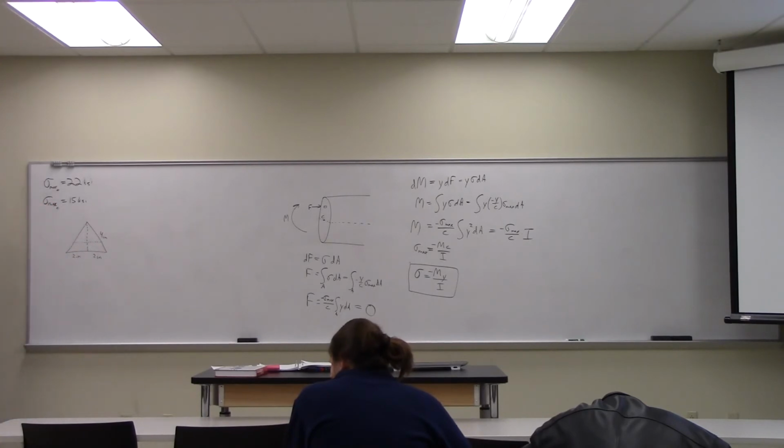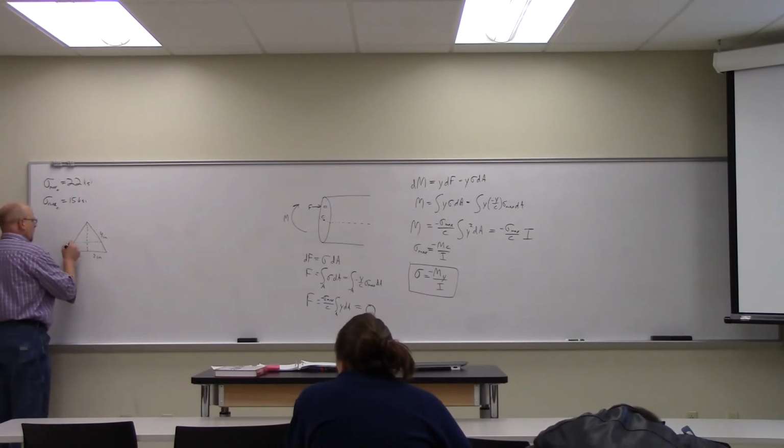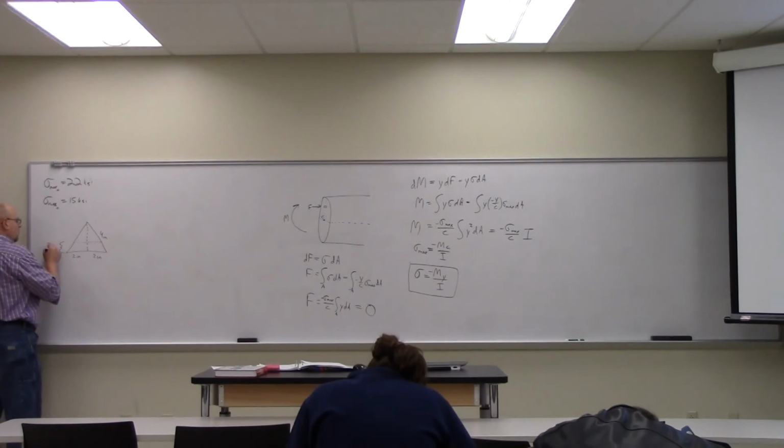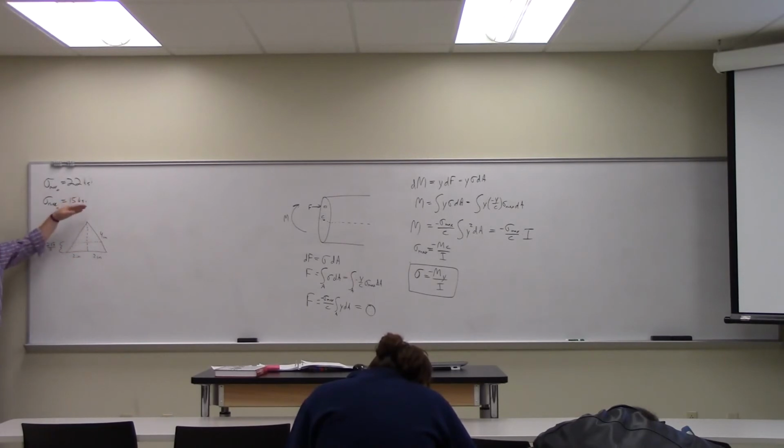Do we know where the neutral axis is? I'm going to say 1/3 from the bottom. That's the centroid. All right, so this distance here is 2 square root of 3 divided by 3. The total height is 2 root 3, so that distance is 2 root 3 over 3. And that's our neutral axis.